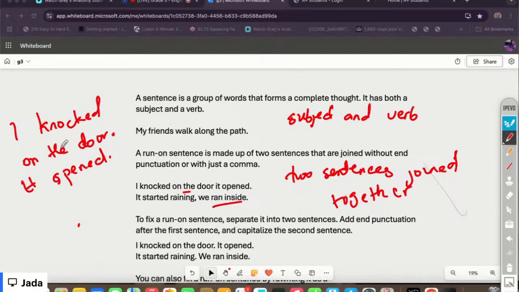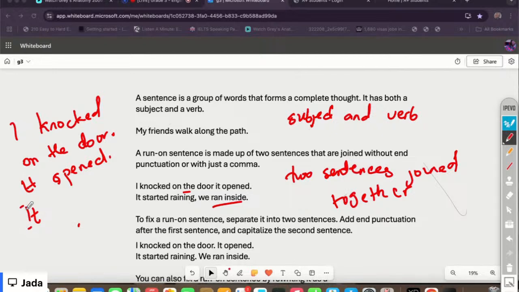Just like this sentence, I knocked on the door, it opened. If you're separating it and you put a period after the first, it is supposed to be in capital letter, okay? So it's the start of a new sentence.